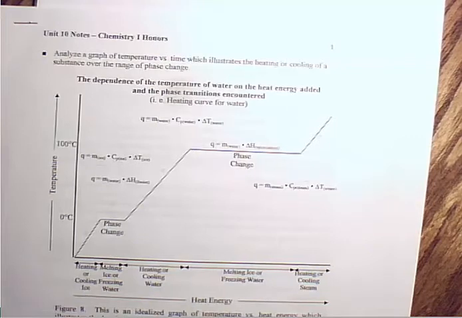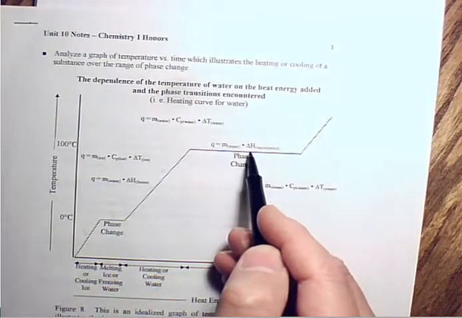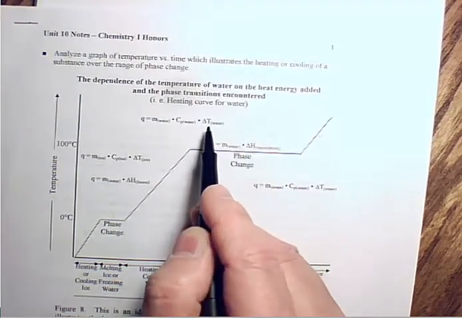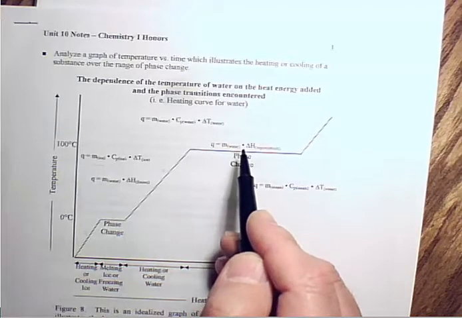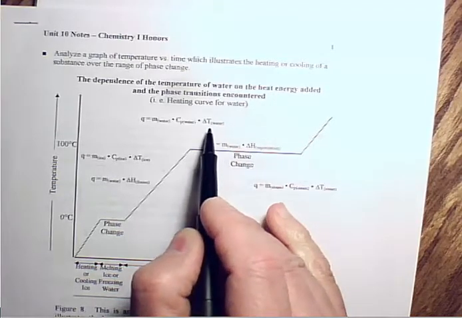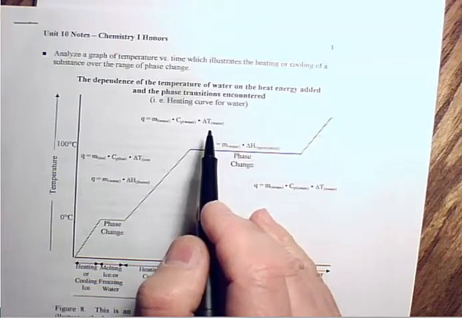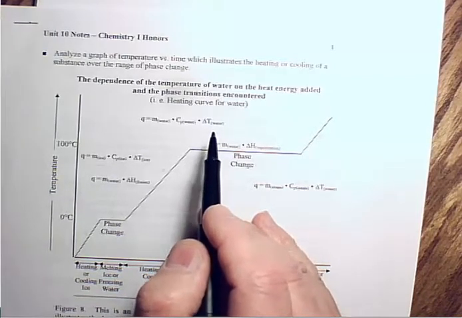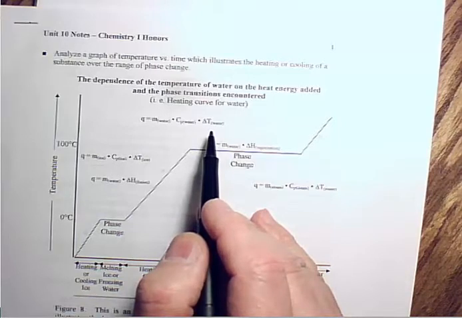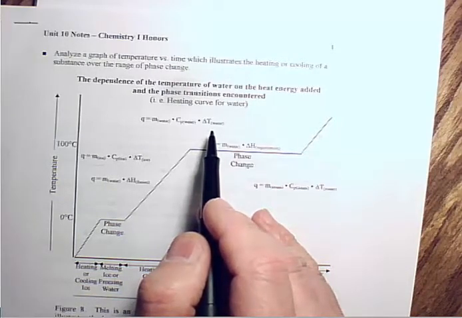Now, again, it's important that you know when delta H and delta T are supposed to be negative. Delta T should come out to be negative when you do the delta T equals temperature final minus temperature initial calculation. But then if it doesn't, you need to be smart to figure it out.